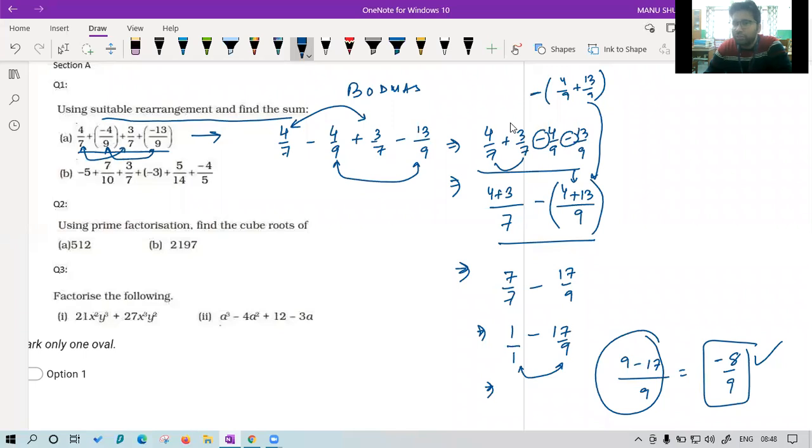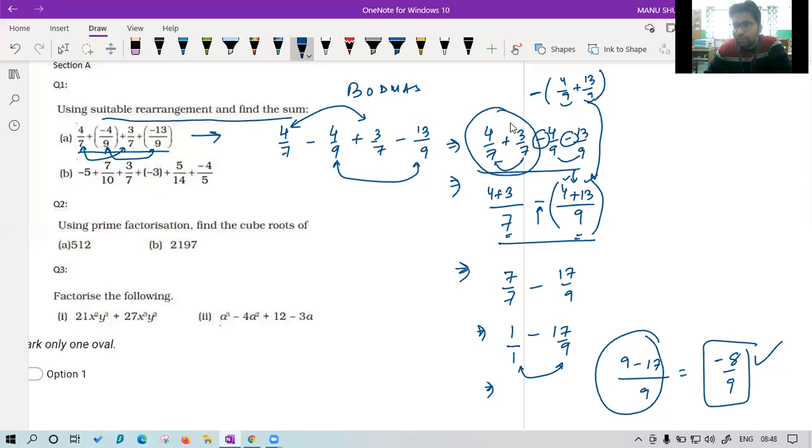And you know, if negative is common, we will get 4 upon 9 plus 13 upon 9. Are you able to understand this thing? Yes, sir. After this, I have taken LCM of these two because 7 is same. So 7 is the LCM. On the numerator, we got 4 plus 3. The negative was common only. 9 is LCM. Top we got 4 plus 13.